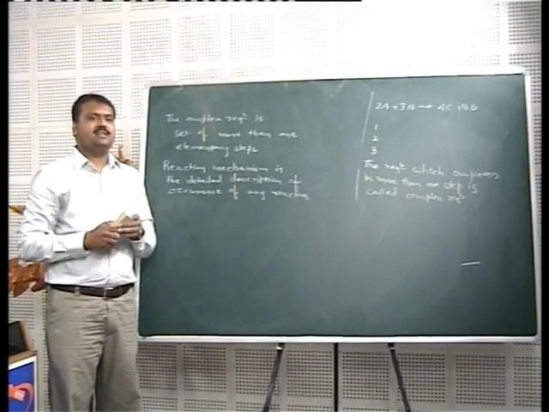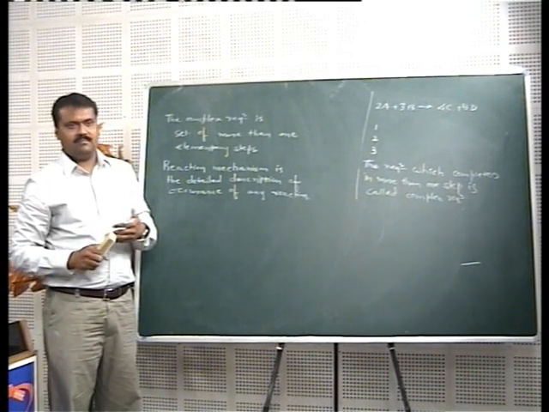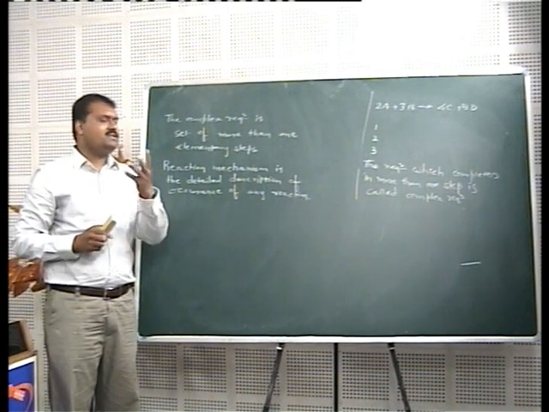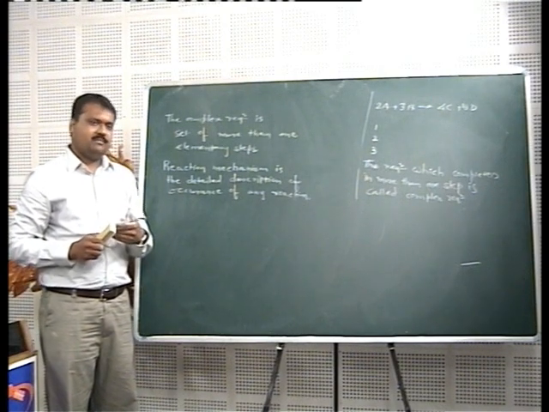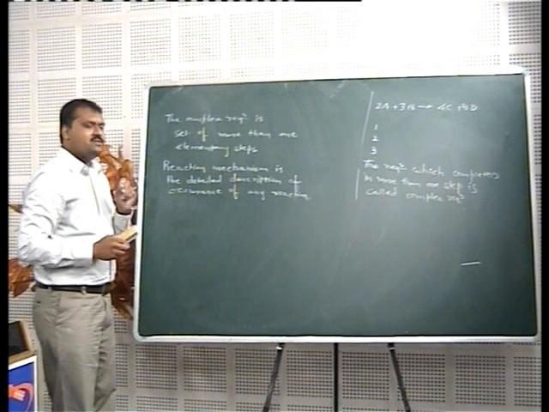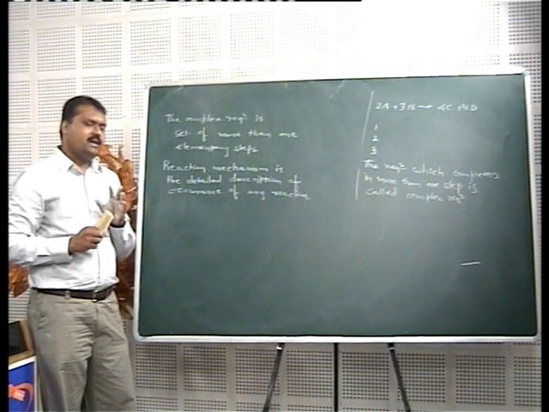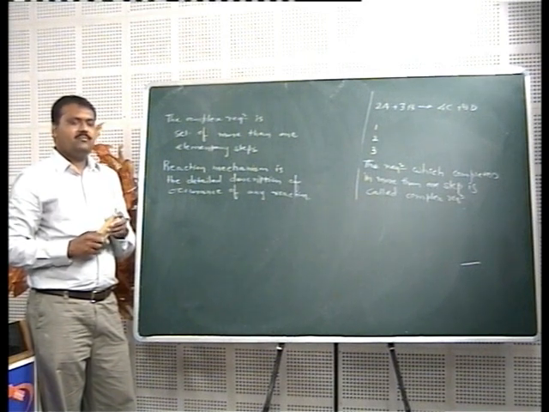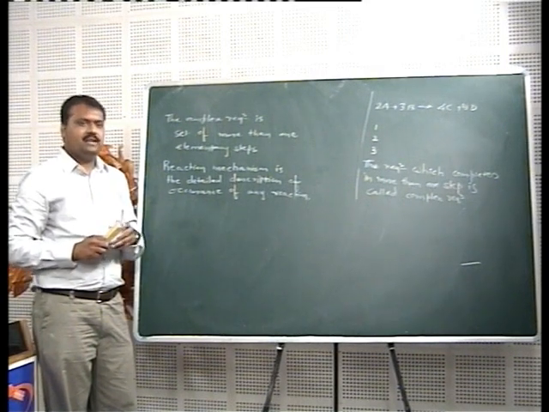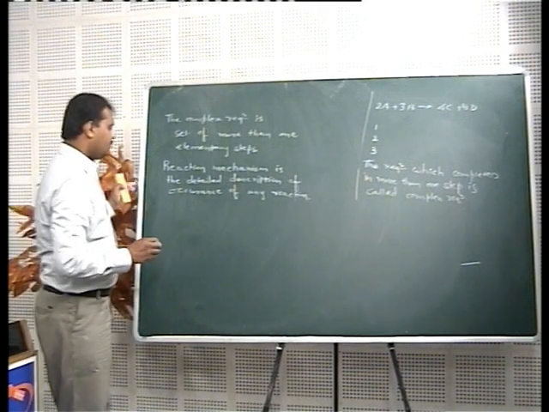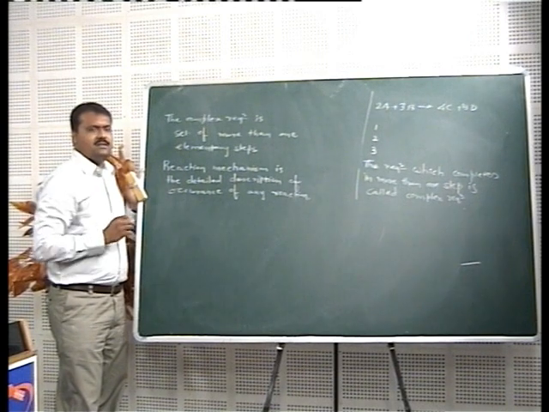See, in certain mechanism, the first step is slow step followed by the fast step, and in certain mechanism the first step is fast step or equilibrium step followed by one of the slow step, and that particular slow step is called the rate determining step, and by rule the rate determining step will control the rate of overall reaction. It will decide the rate of overall reaction. So the rate determining step is very important in reaction mechanism.